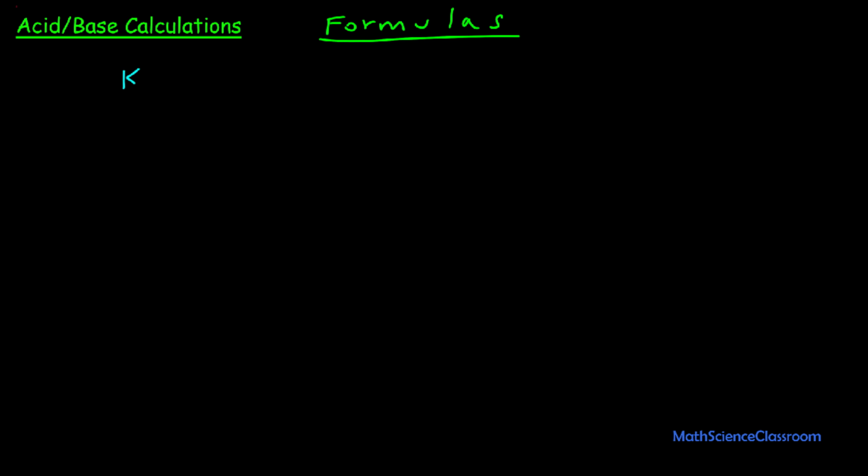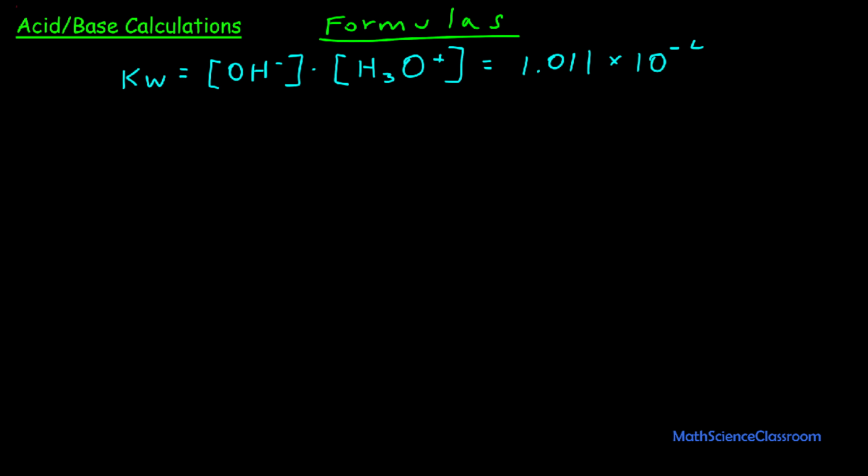So Kw, which is the equilibrium constant for water. It's the concentration of OH minus times the concentration of hydronium ions, H3O+, and that equals 1.011, or often rounded just to 1 times 10 to the negative 14th.